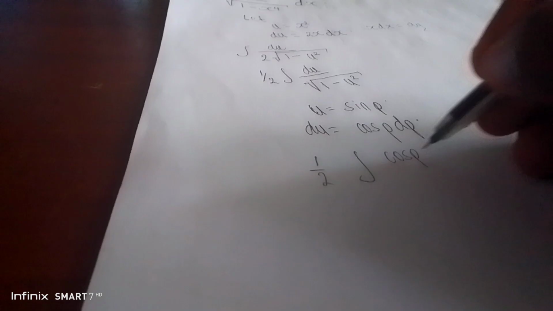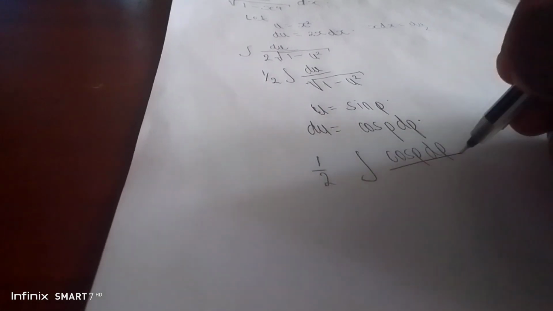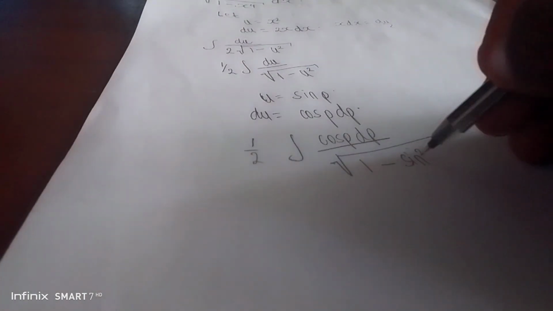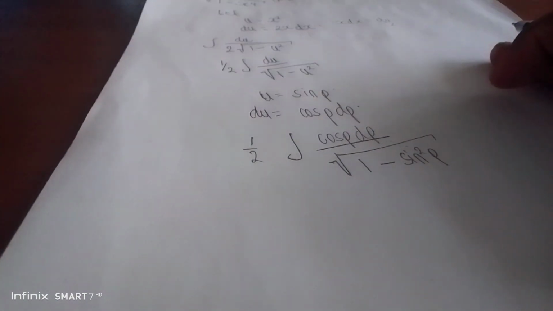I go back to this integral of du. Instead of du, I write cos p dp over, it is 1 minus u squared, but u is sine p, so it is sine squared p. I think I'm clear here.